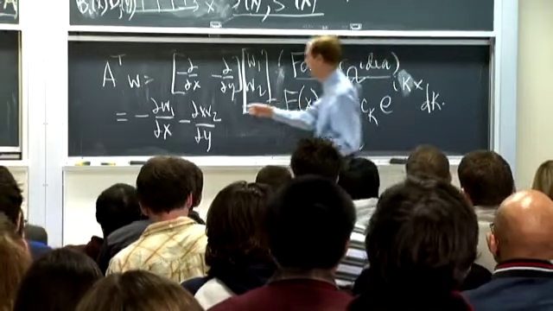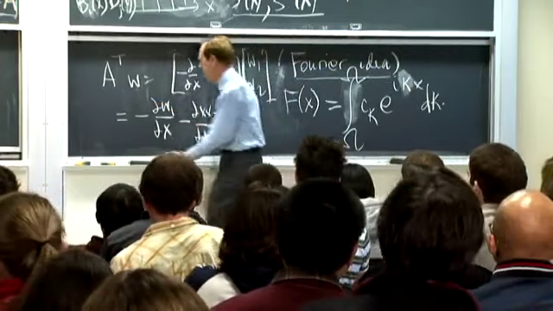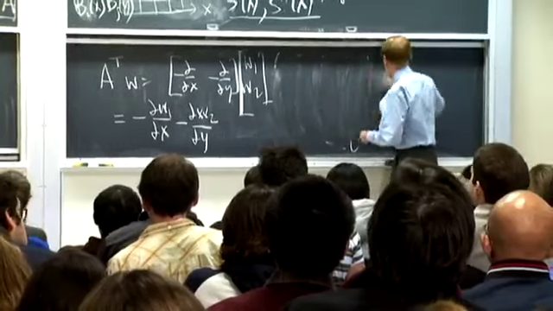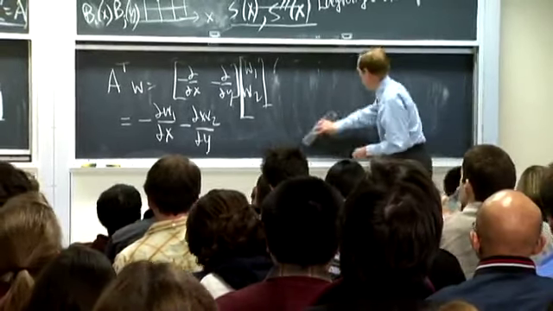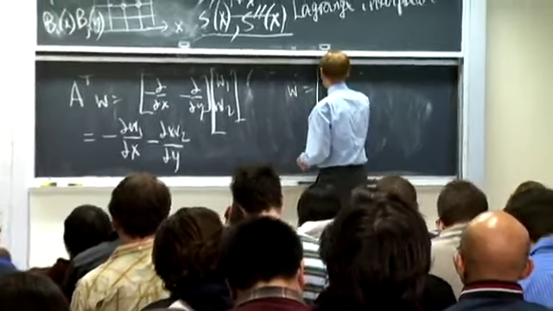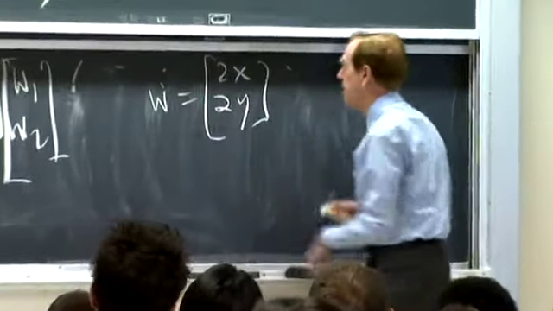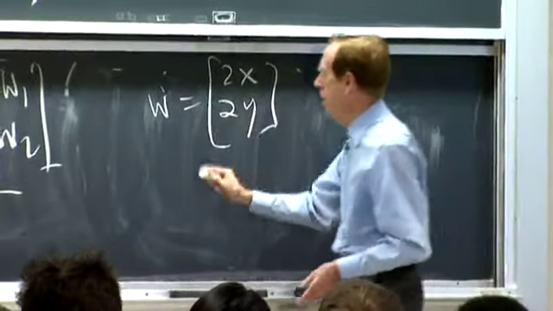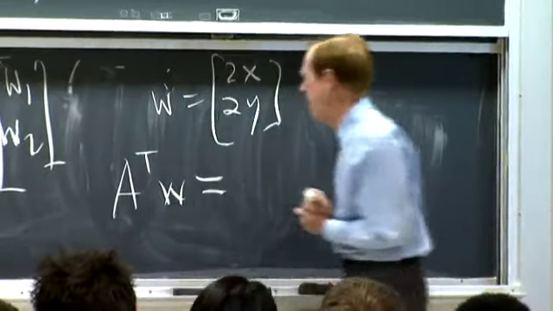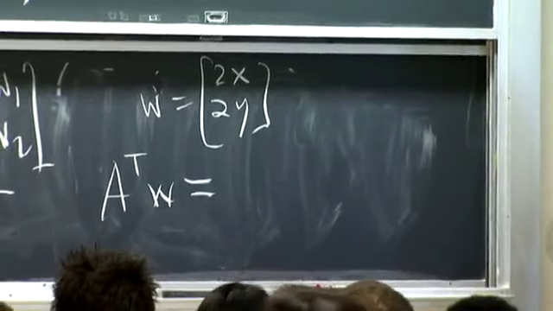If I take a vector field like 2x, 2y as a specific example, suppose W is 2x, 2y, multiplied by, let me take c to be 1. Then what is A transpose W?